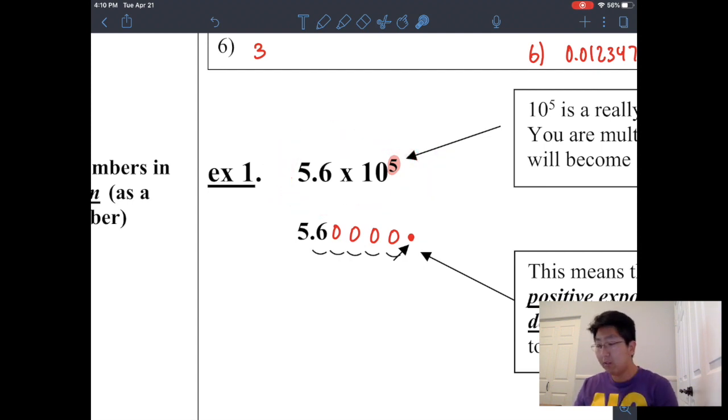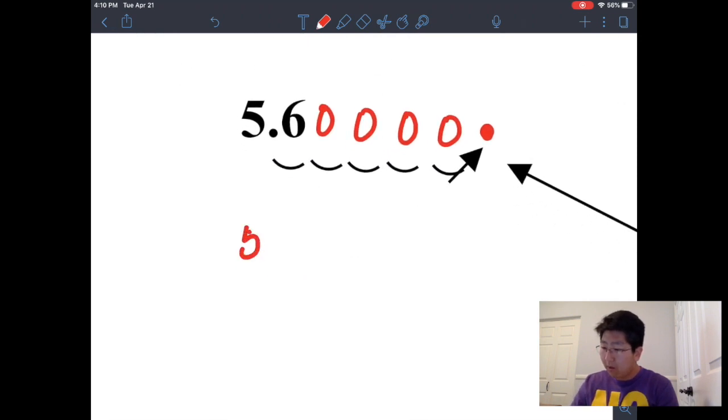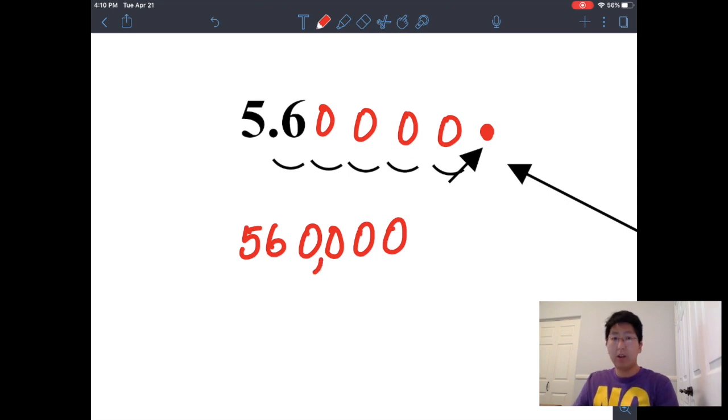5.6 times 10 to the 5th, okay, it really equals 5, 6, 1, 2, 3, 4. And if we count the commas, it's really 560,000.